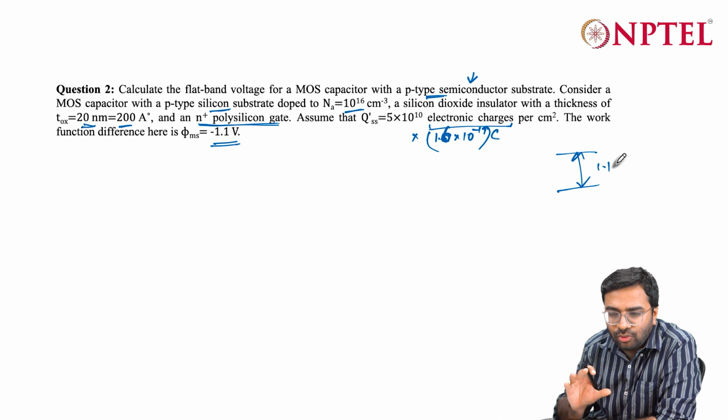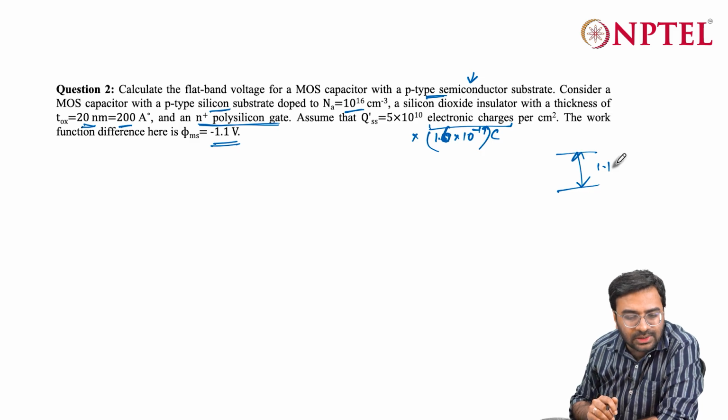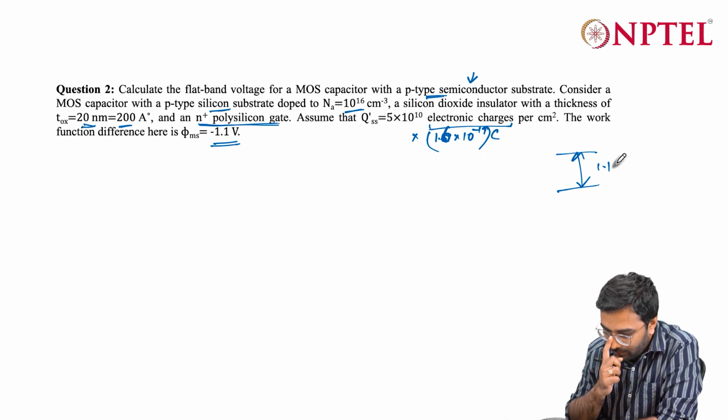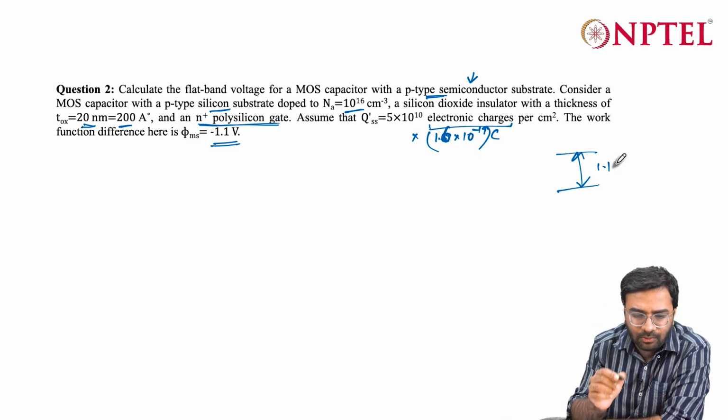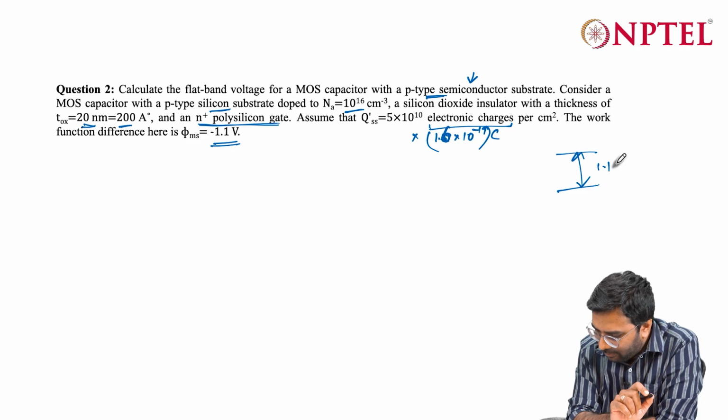But in this case no such band diagram is given. So, the value is already given that the work function difference here is minus 1.1 volt. Now, we need to calculate the flat band voltage.